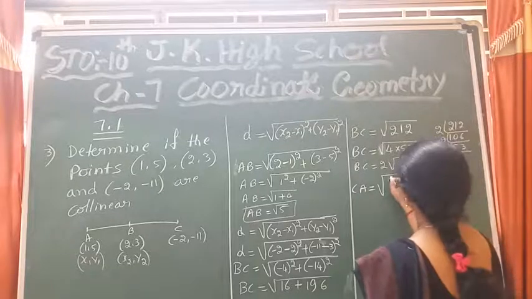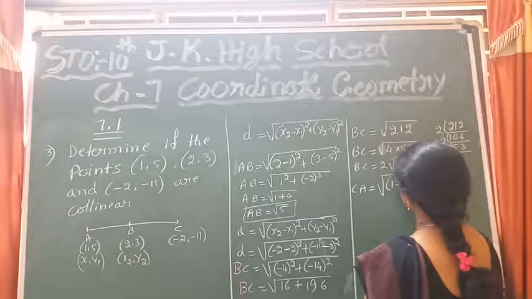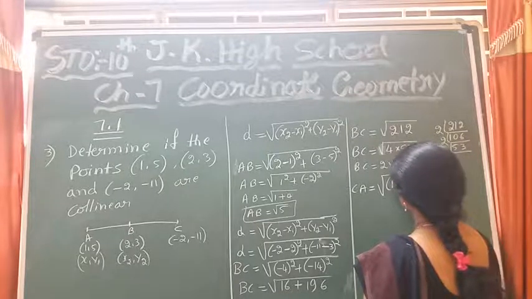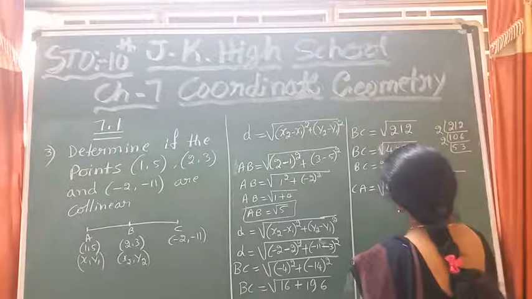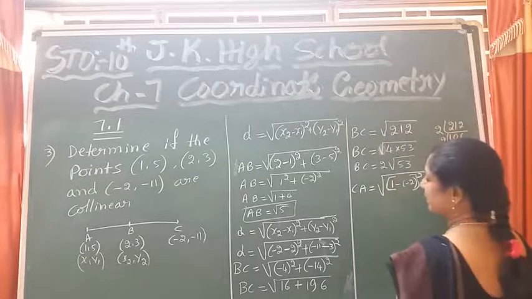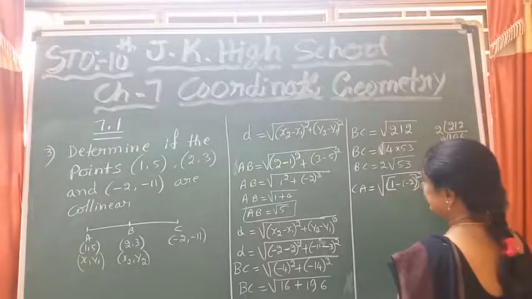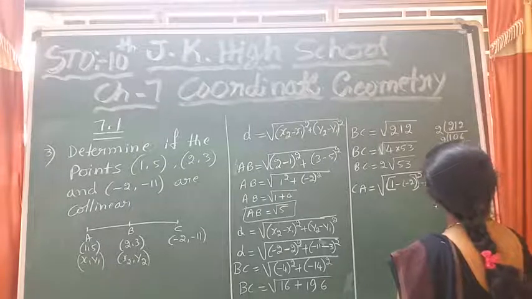So it is square root of x2 means 1 minus of minus 2, it becomes plus 2. If it gets confusing, I am going to write it in double type. Whole square, plus y2 means 5 minus of minus 11 whole square.